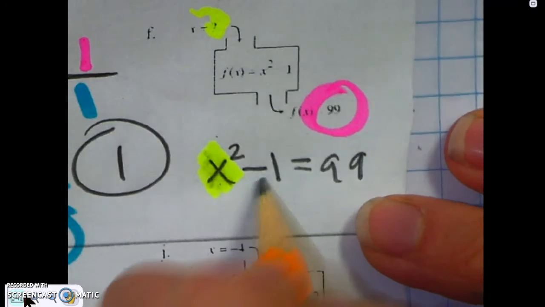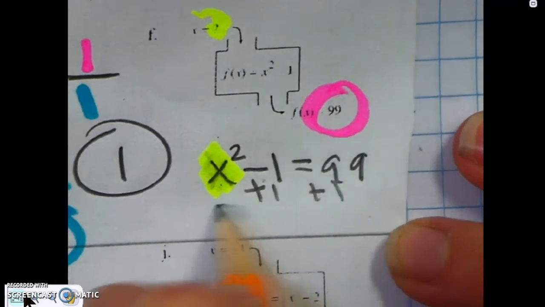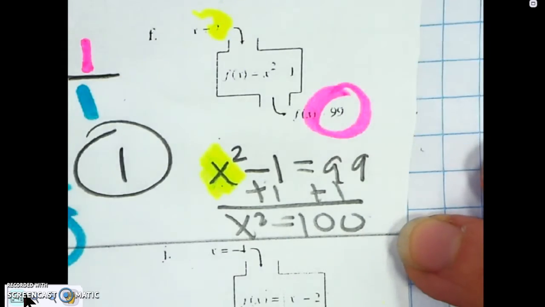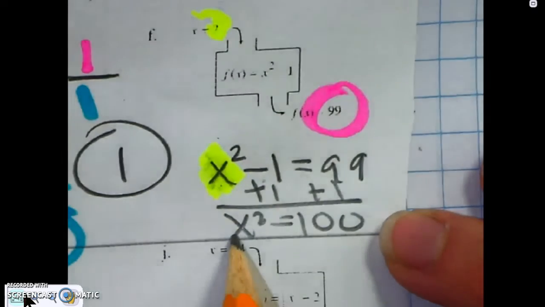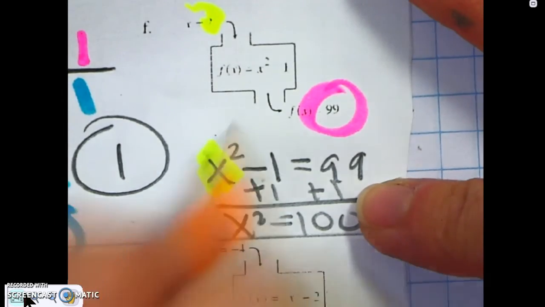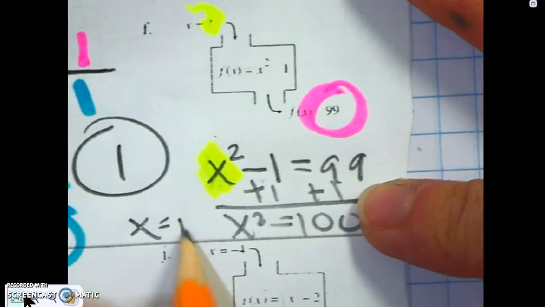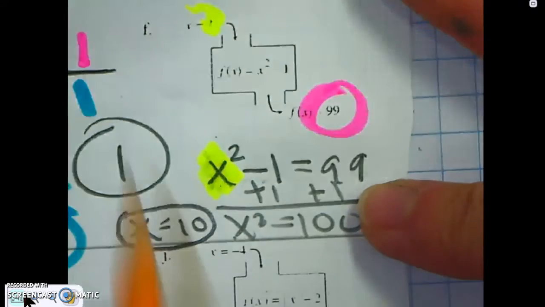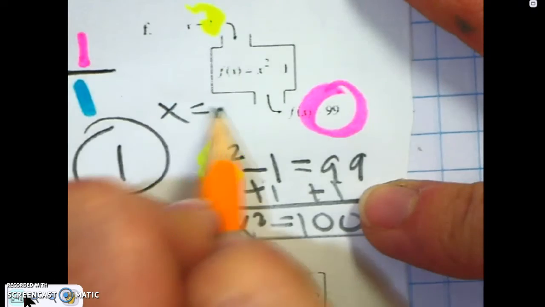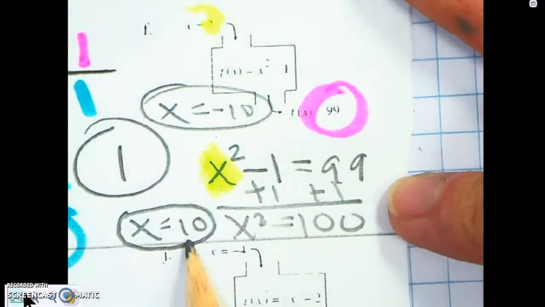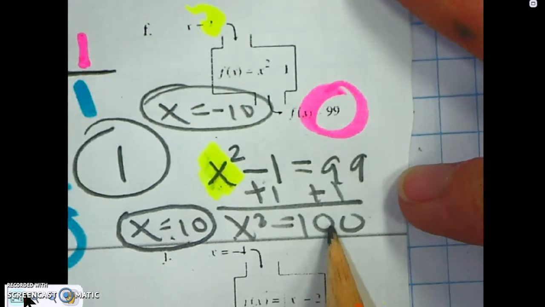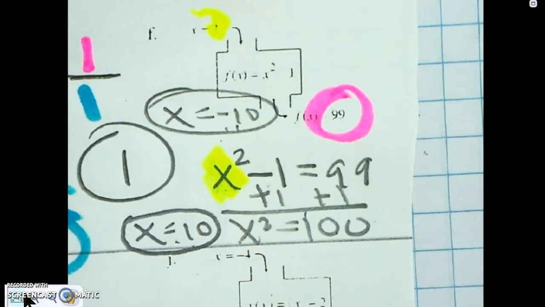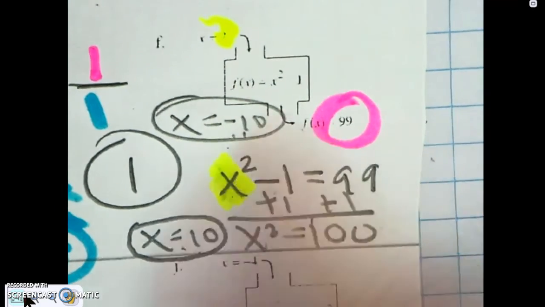I feel like it's easier to add 1, because now I go x squared equals 100. So what times what is 100? x is 10. So this time it's x equals 10. But actually, a little step up, x could also equal -10 in that case. Because when I go a positive times a positive, it's positive. And when I go a negative times a negative, it's also a positive. So both those answers work, but I'll accept either one.